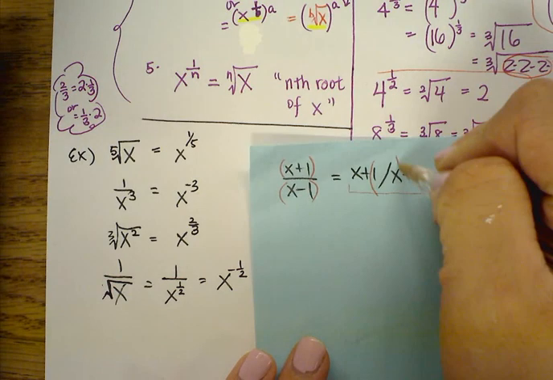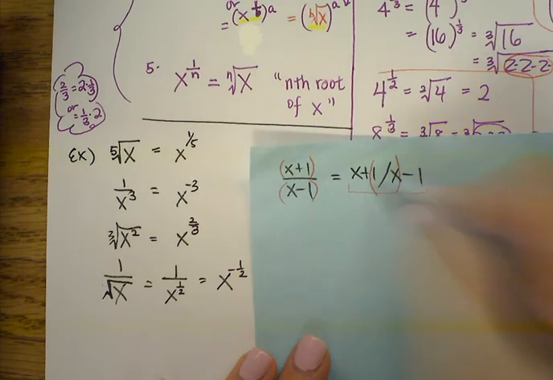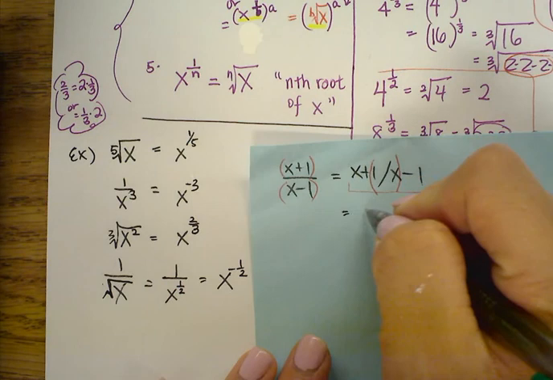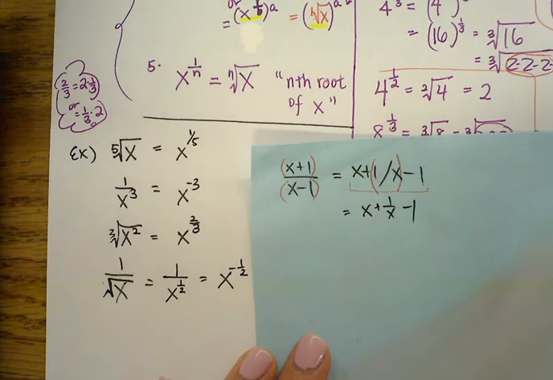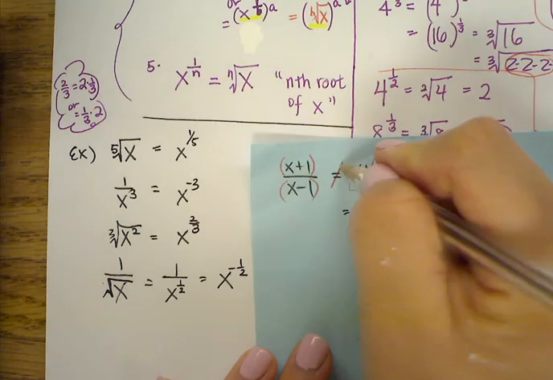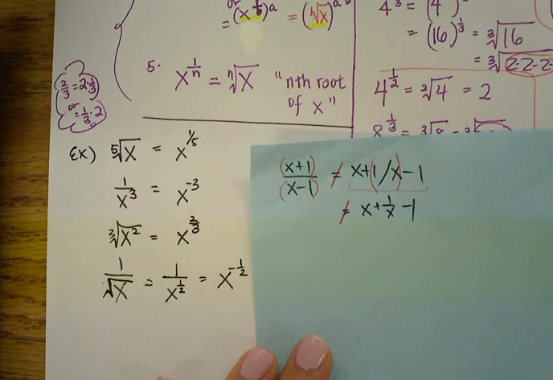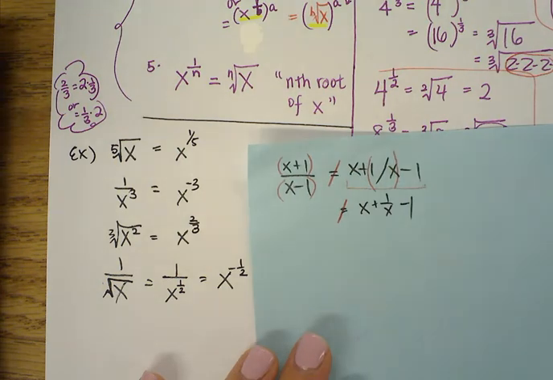What you're really saying is x plus 1 over x, minus 1. Is that what you meant? No. Don't make that mistake. Some people lost points on this recent test because they made that mistake.